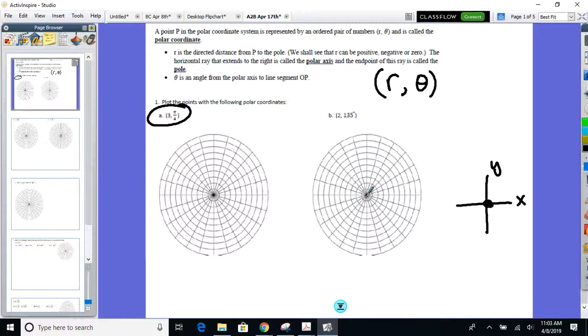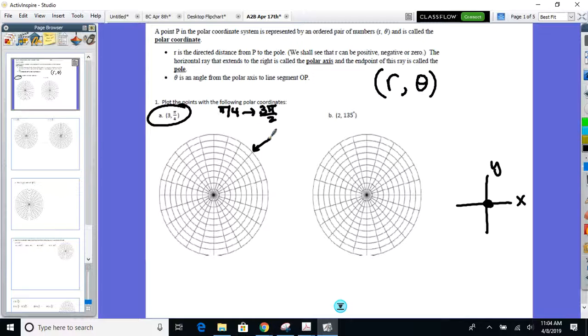3, pi over 4. Find me where pi over 4 is first. What's pi over 4 as far as the 12s go? It's 3 pi over 12. So if you go 1, 2, 3, it would be right here. This is where pi over 4 would be.